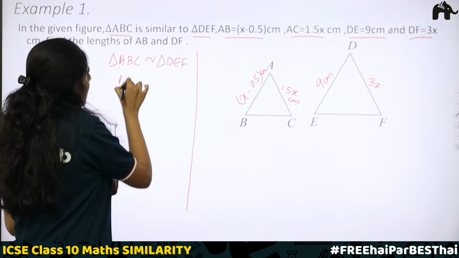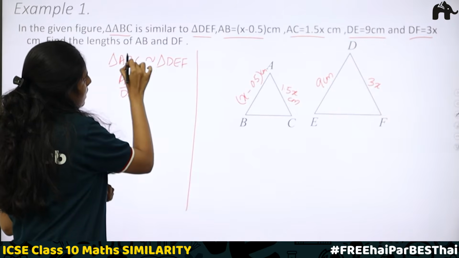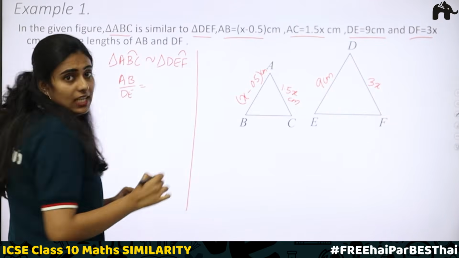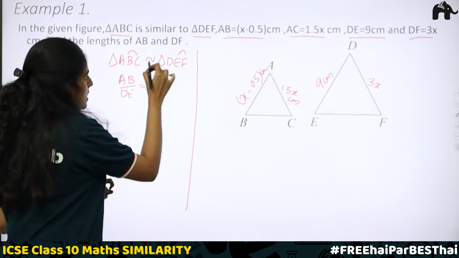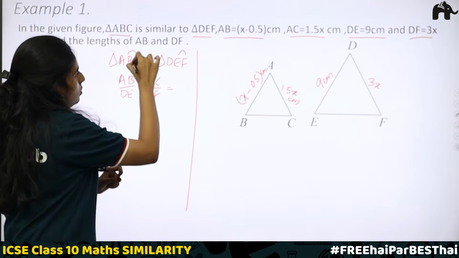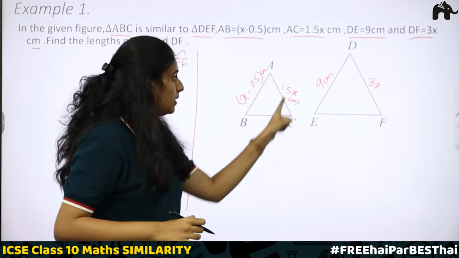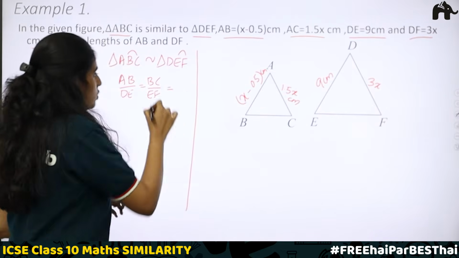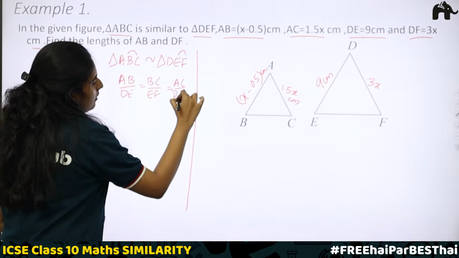We will have AB by DE is equal to BC by EF, which will be equal to AC by DF. They are the corresponding sides, taken in a ratio, that is AC divided by DF.